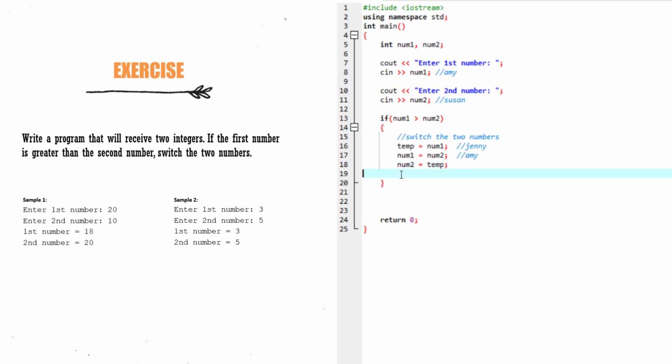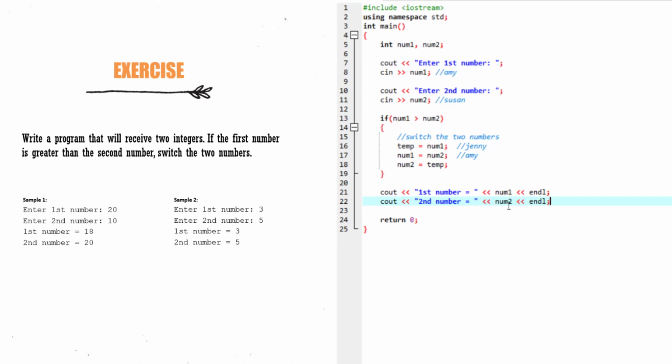Alright. Then lastly, all we need to do is just display the numbers. So cout, first number, num1, cout, second number, num2.